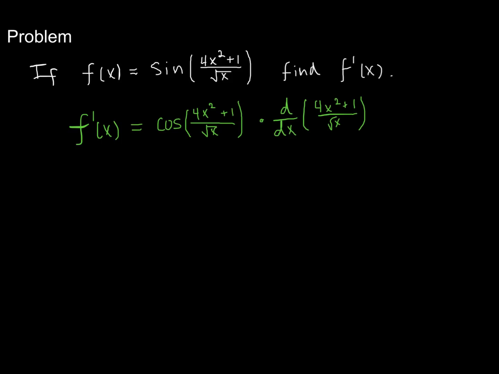Instead of applying the quotient rule in the next line and having to work simultaneously while bringing down my cosine along the way. So I'll show you what that looks like.